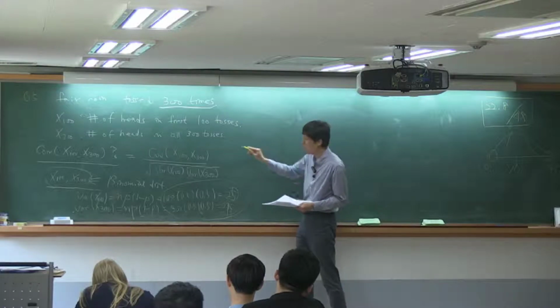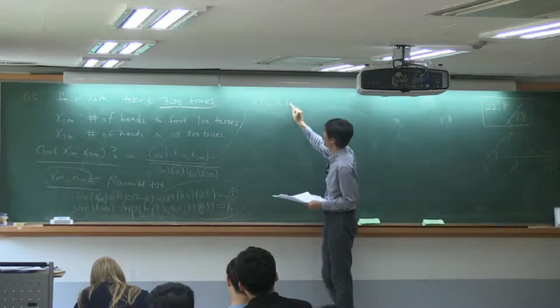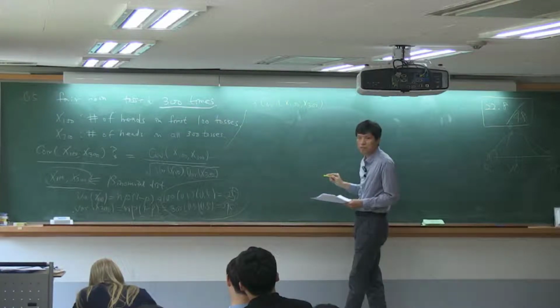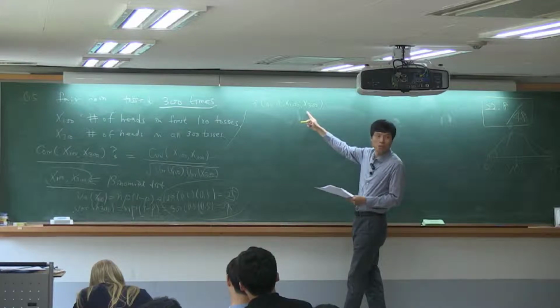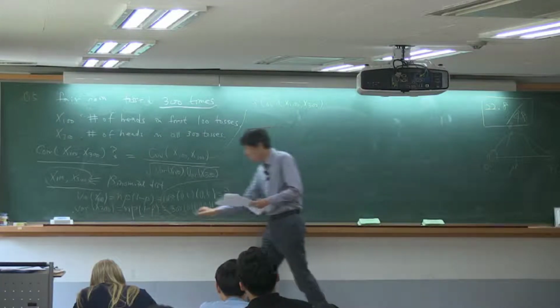The difficult part is calculating this covariance of X100 and X300. 솔직하게 여기 어려워. It is difficult to find this covariance.